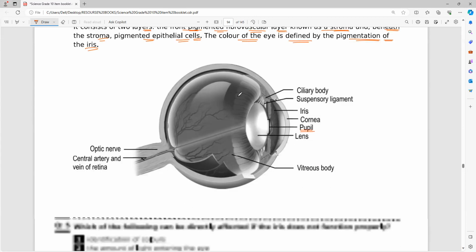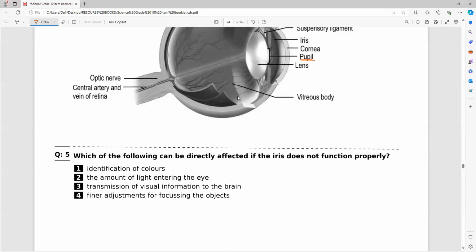So now, what is the question they are asking? Which of the following can be directly affected if the iris does not function properly? Identification of colors, the amount of light entering the eye, transmission of visual information to the brain, finer adjustment for focusing the objects.